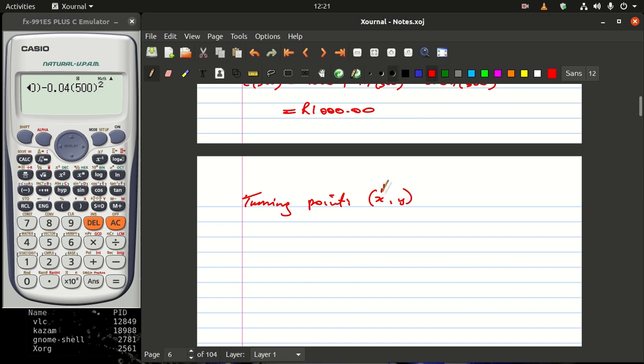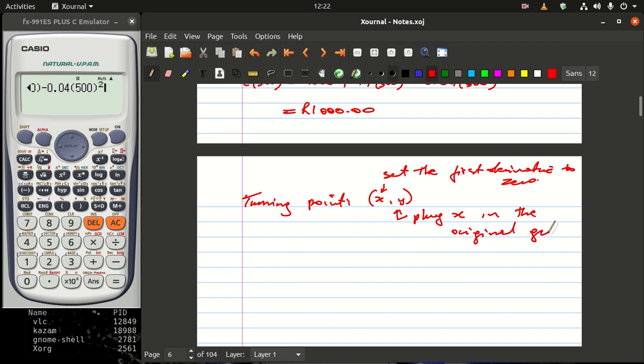To get this one, you set the first derivative equal to 0, and then to get the y value, you plug x into the original given equation.